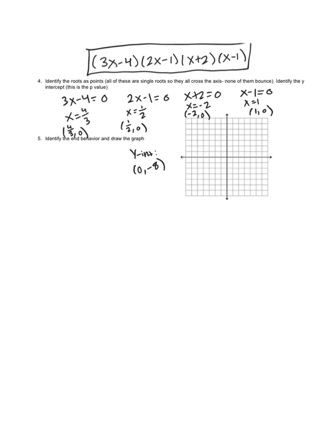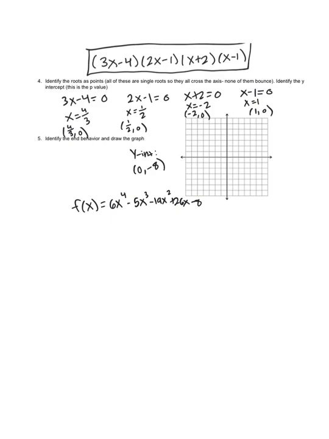So our last step, step 5, is identifying the end behavior and then drawing the graph. So your original equation, I'll just write it out again. Okay, so this was your original equation.